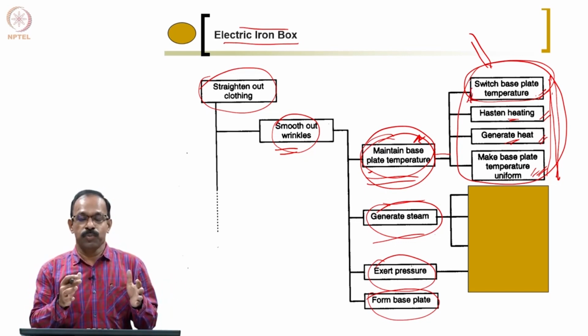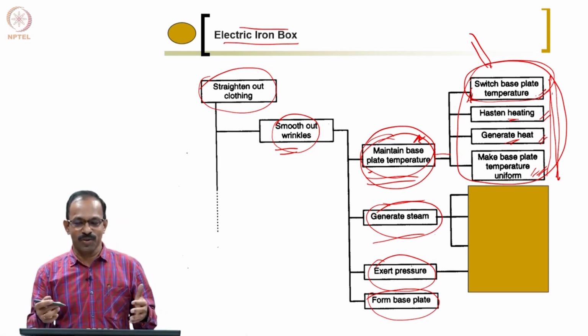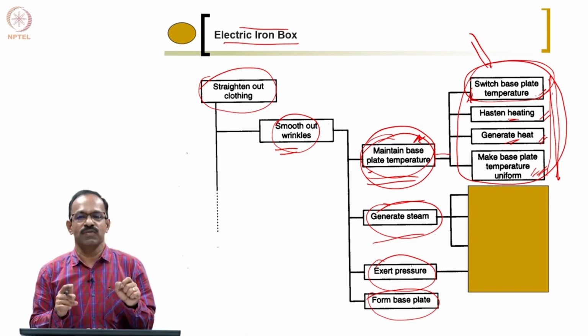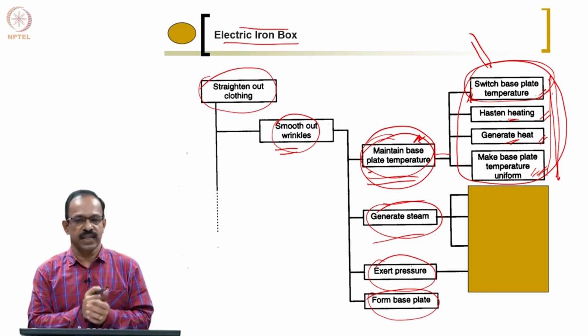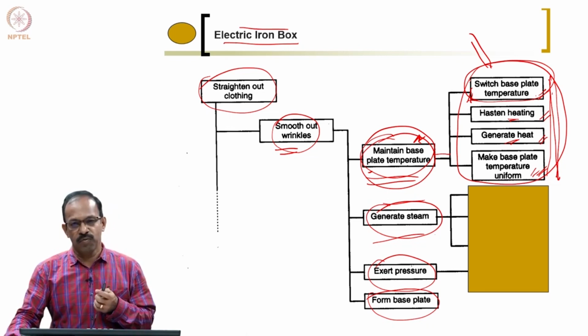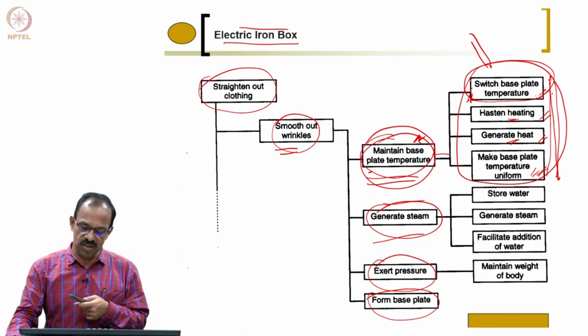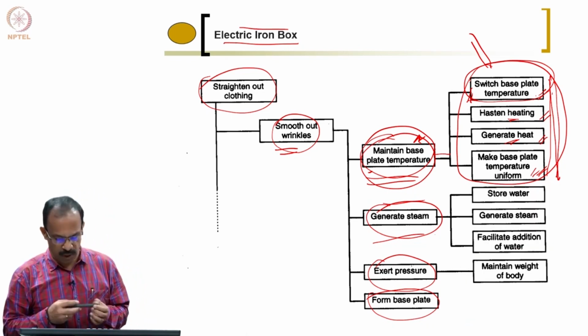So, you do not need to improve all the functions in order to change the product, you can identify which function is the one which actually creates the problem, and then you will be able to modify it and get a new product. So, this is the way how we use the functional decomposition at a later stage to improve the design of the product.